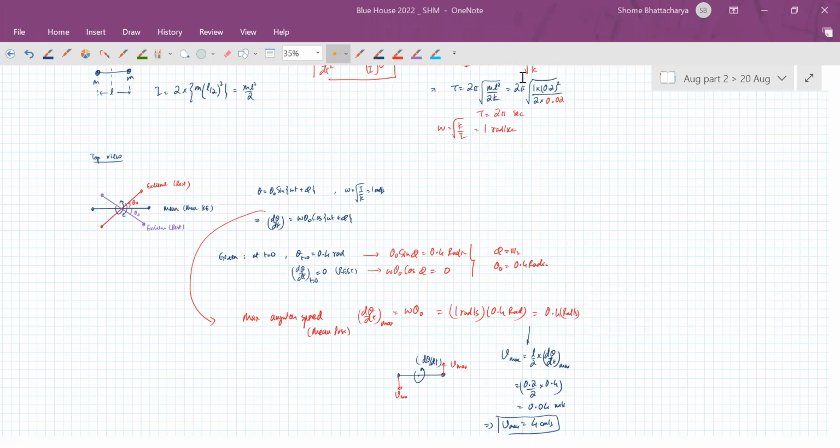When the rod is rotating with d theta by dt equal to that value, 0.4 radians per second at the mean position, at that point of time each of the particles will have maximum speed of L/2 into that 0.4 radians per second. Okay, good. So just complete noting this down.